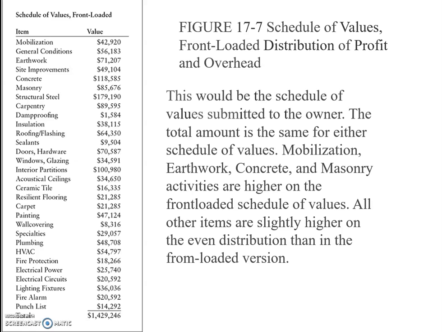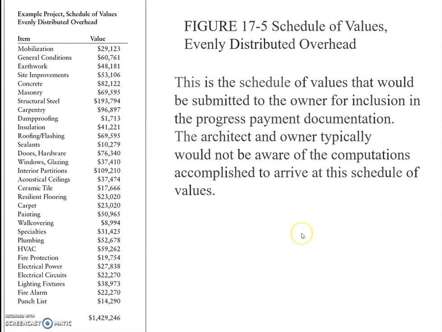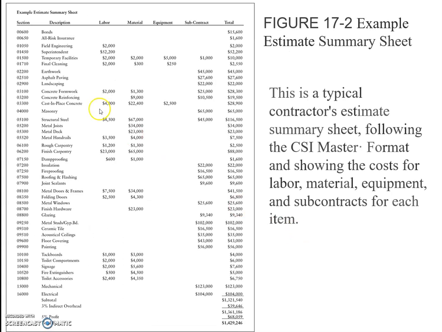In the contractor's estimate, several items relate to concrete. For example, in the estimate summary shown in this figure, 17-2, three items relate to concrete: concrete formwork, concrete reinforcement, and cast-in-place concrete. These three line items from the estimate total about $76,700.